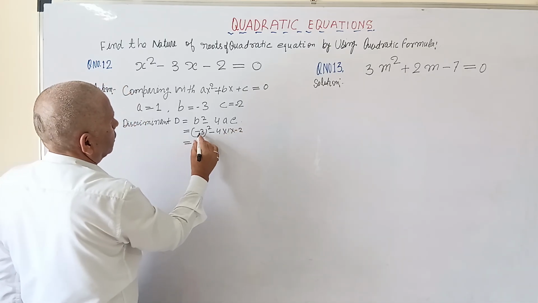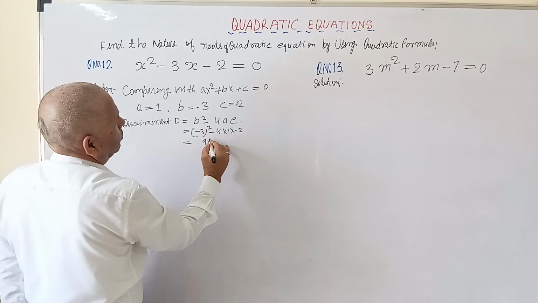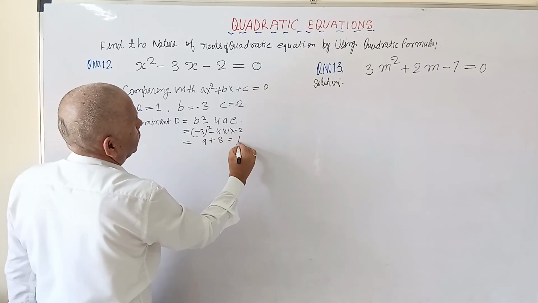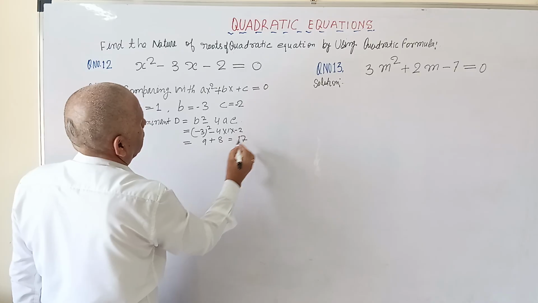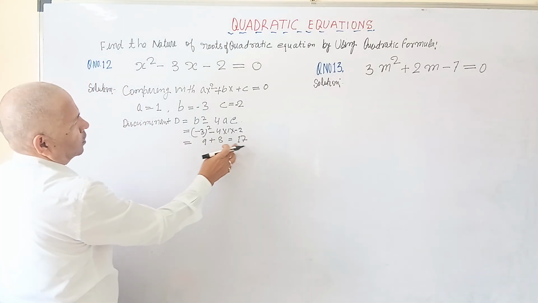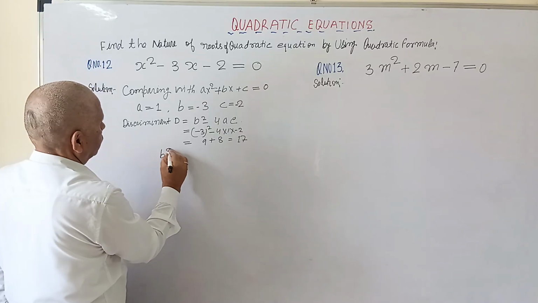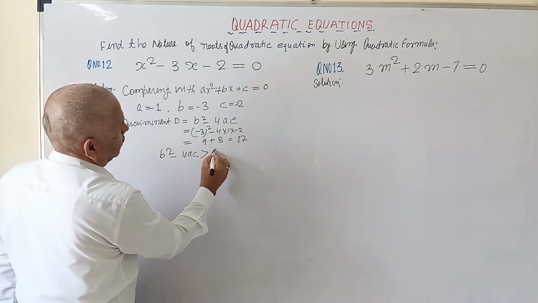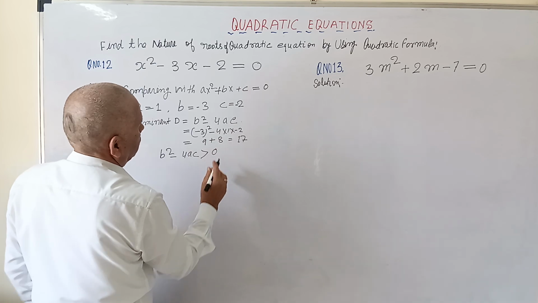So we will get 9 plus 8, that is 17. So the value of b square minus 4ac is 17, which is greater than 0.